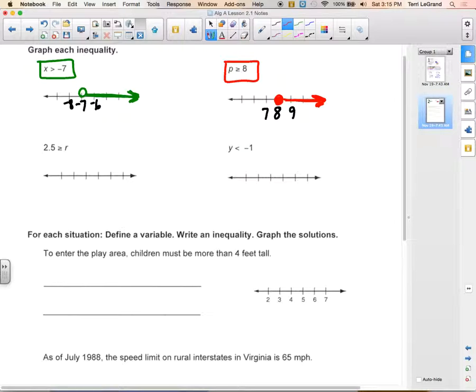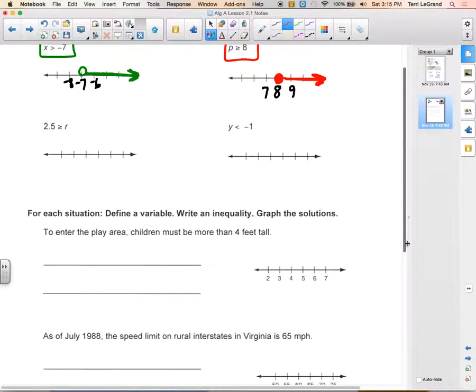Okay. Let's take a look at our next one here. That is 2.5, 2 and 5/10, is greater than or equal to r. So first of all, let's just leave it like it is, and let's label our number line. So 2.5, and remember, I want integer neighbors.